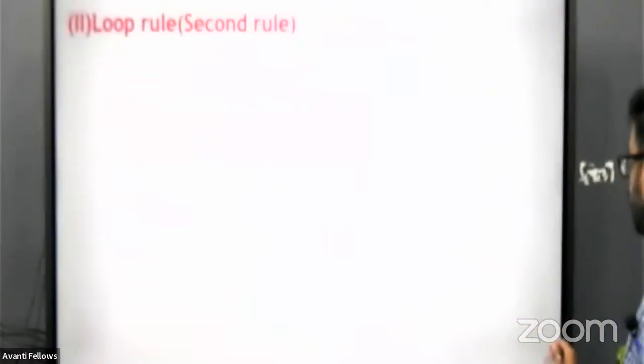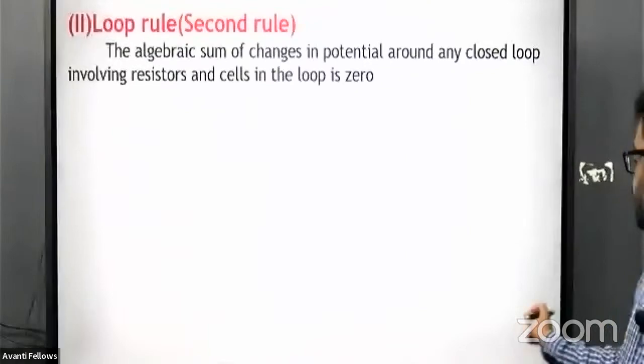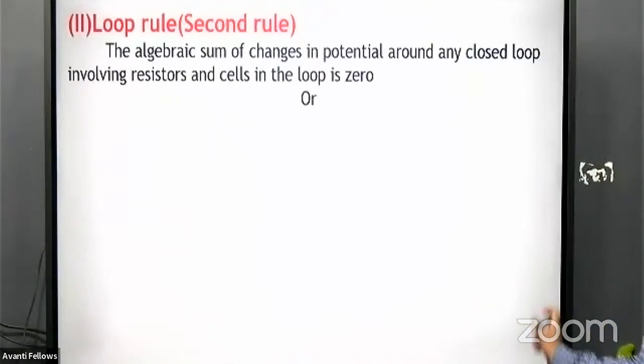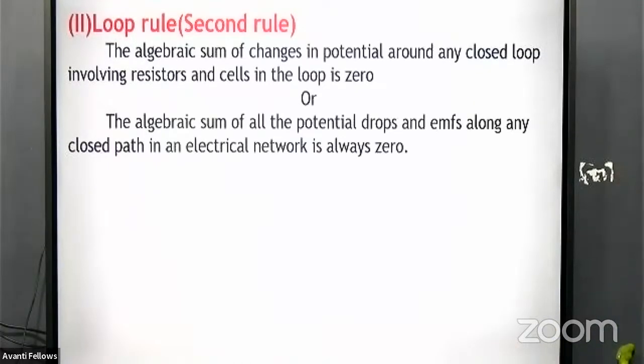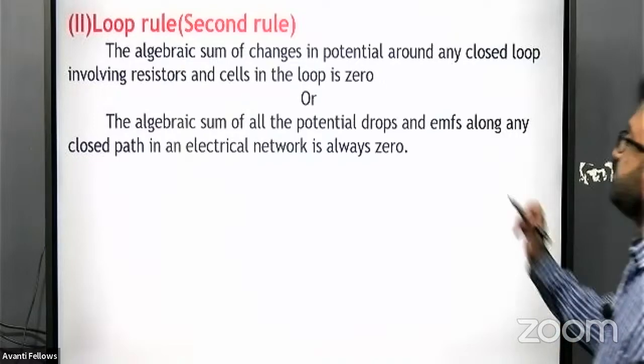Now the loop rule. This is the most complicated rule in Kirchhoff's laws. Loop rule: the algebraic sum of changes in potential.